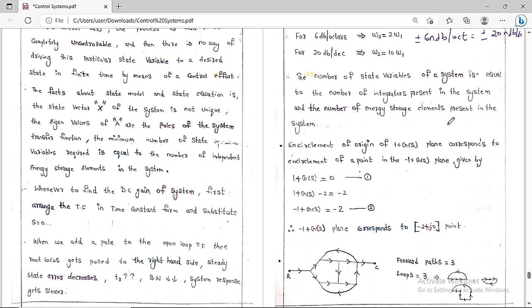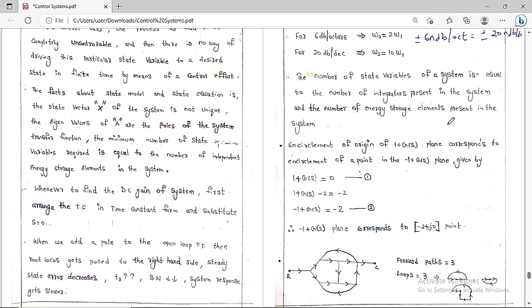Then the order of the system is always equal to the number of state variables, which is equal to the number of integrators present in the system or the number of energy storage elements present in the system.